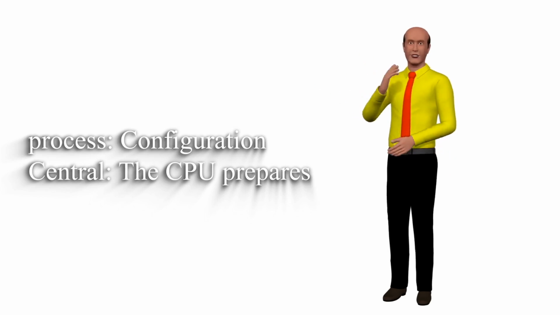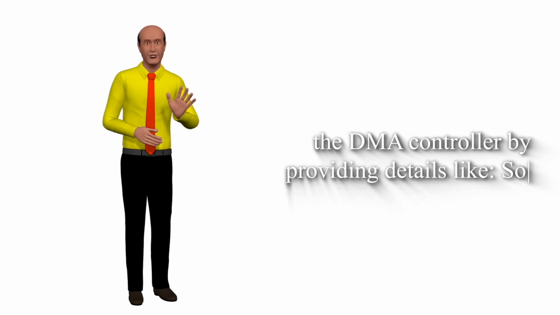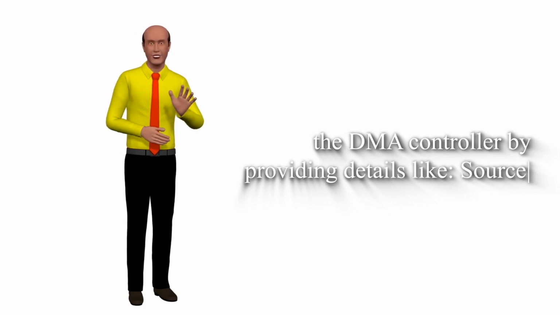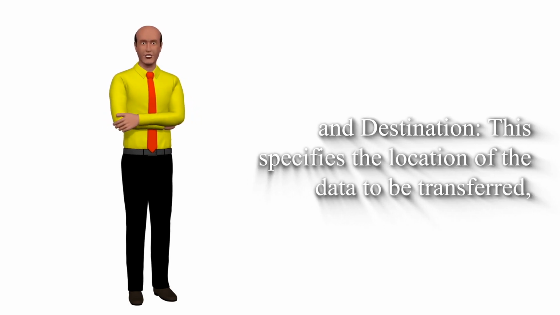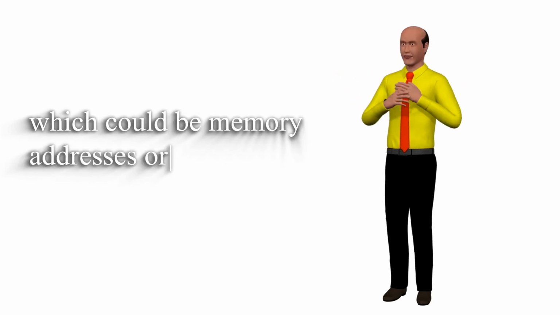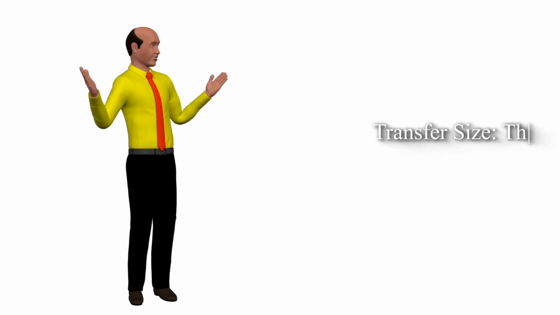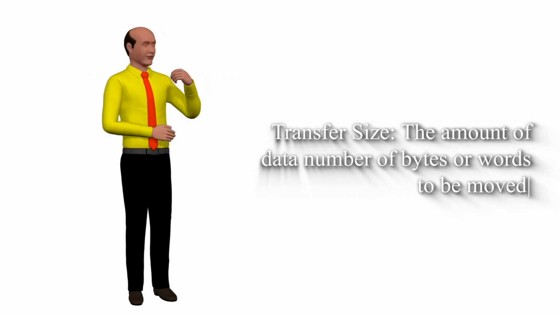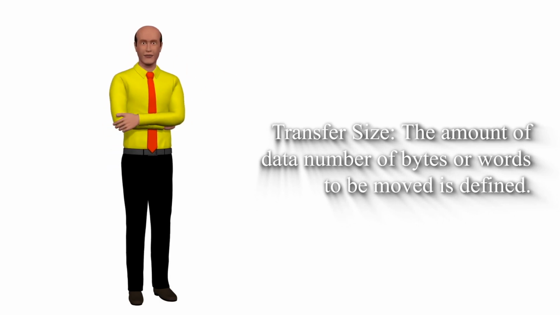Configuration central. The CPU prepares the DMA controller by providing details like source and destination. This specifies the location of the data to be transferred, which could be memory addresses or I/O device registers. Transfer size: the amount of data, number of bytes or words, to be moved is defined.